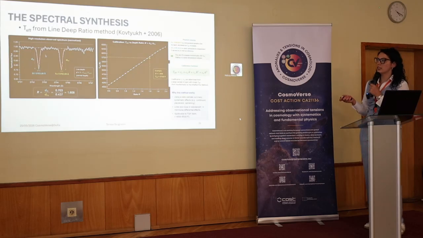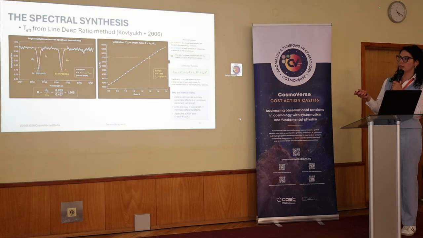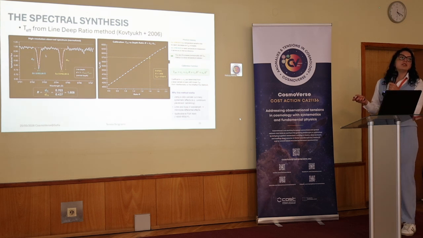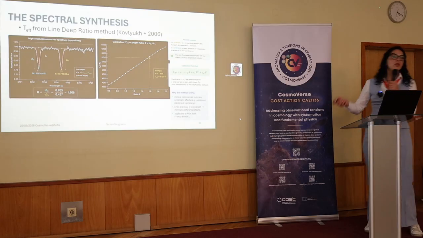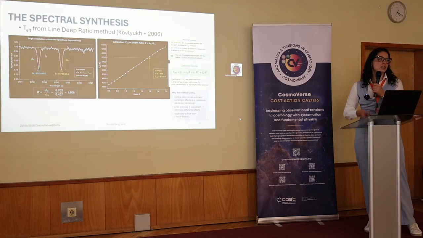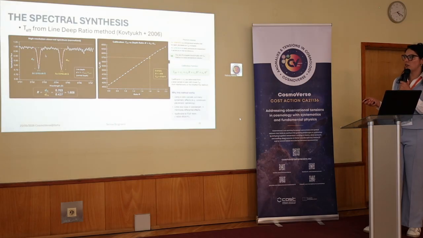So, for instance, in the paper of Kovtyukh et al. 2016, they calculated this coefficient thanks to a large sample of stars where the temperature was known from other methods, like interferometry, or something that was independent from spectra. And so they were able to calibrate this ratio.